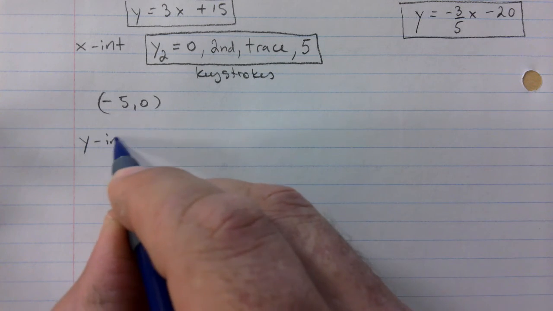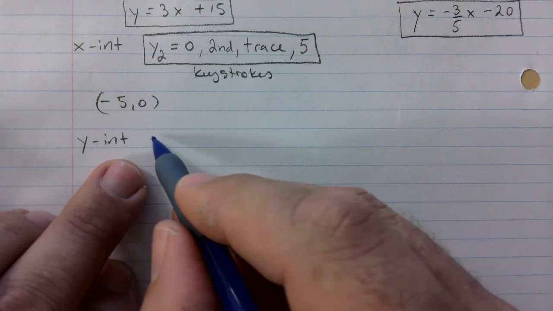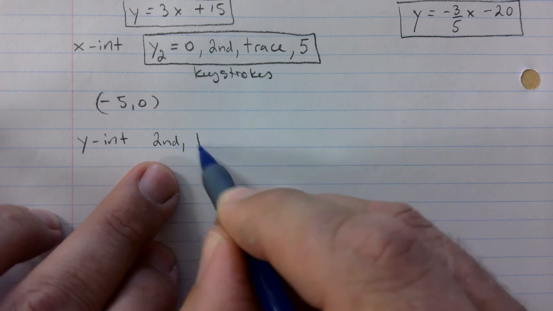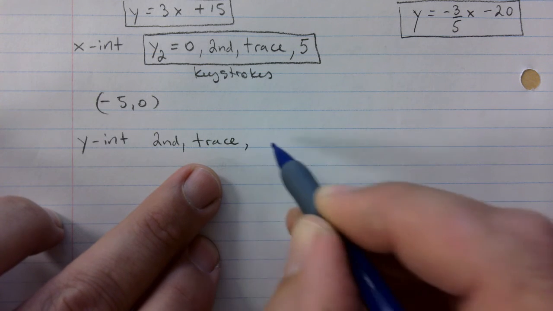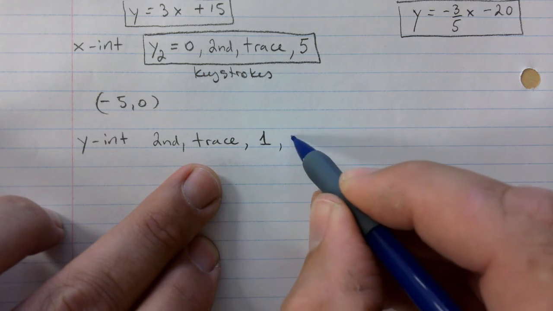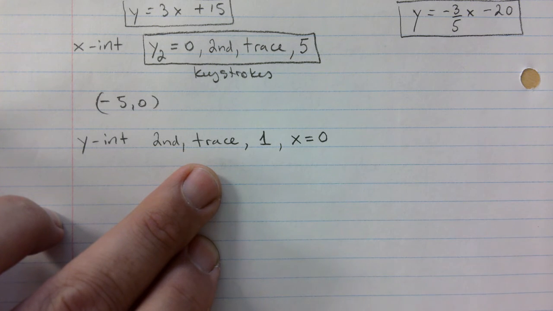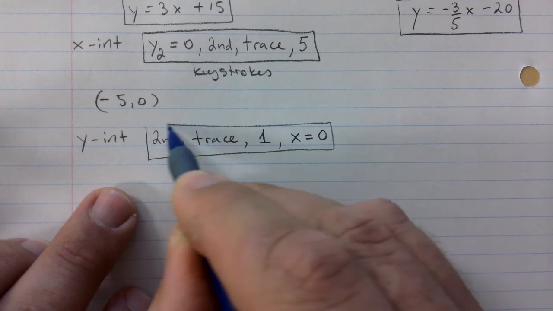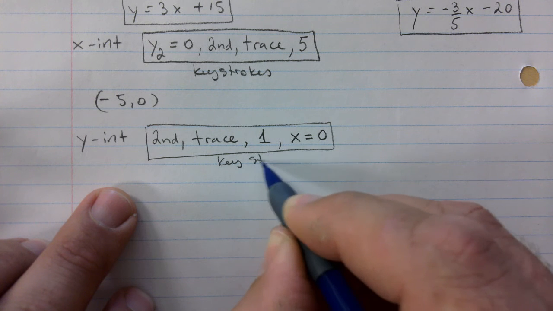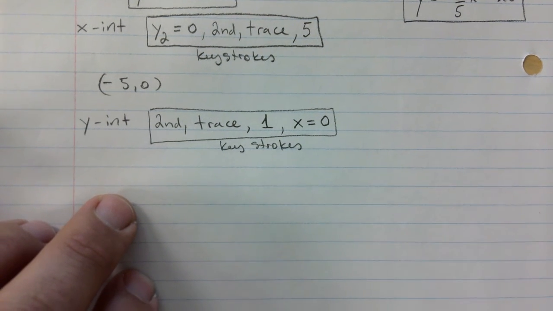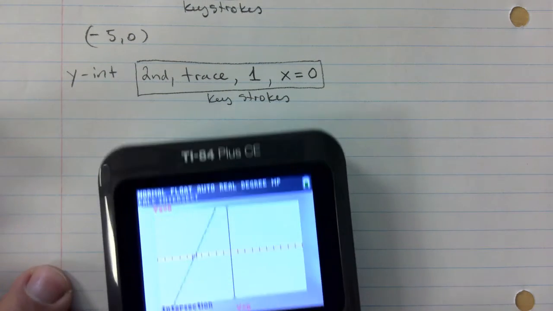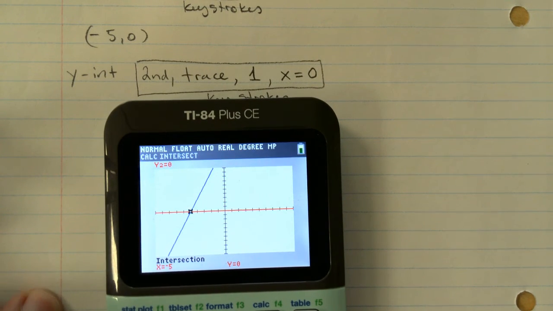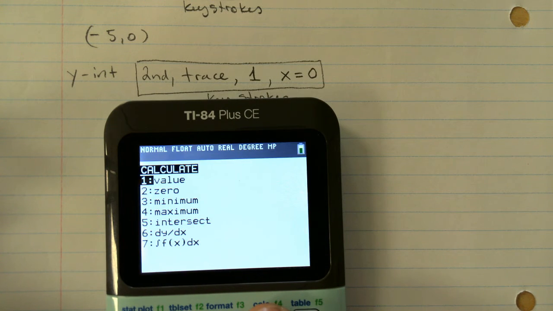Then we're going to find our y-intercept. The y-intercept is found in a different manner. You go second, trace, 1, and then you go x is equal to 0. These are the keystrokes. So grabbing your calculator, you're going to go second, trace, and what's 1 standing for?